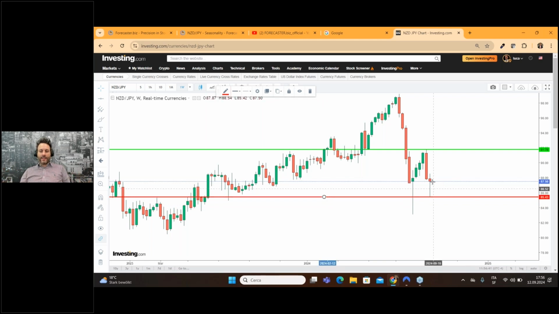A situation like this one. This is the entry point. This is the target. This is the stop. But what happens if you use this kind of stop loss? Many times the price goes like this, takes your stop loss and then goes in the right direction.